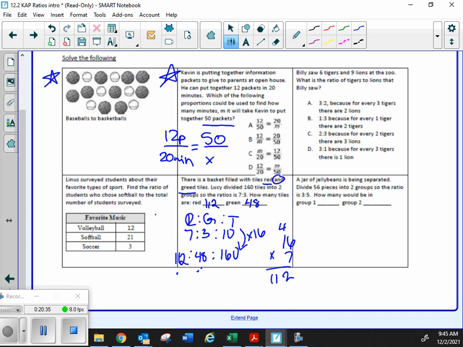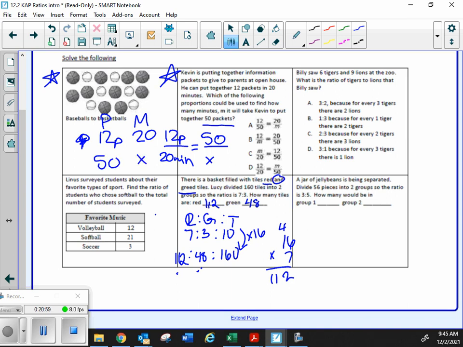Okay, the thing about proportions is sometimes you can rotate them. So maybe I put the given on the top, so I did 12 packets in 20 minutes, and then I just keep packets up and down, and I do minutes this way. So I have 50 and X. Does that work?